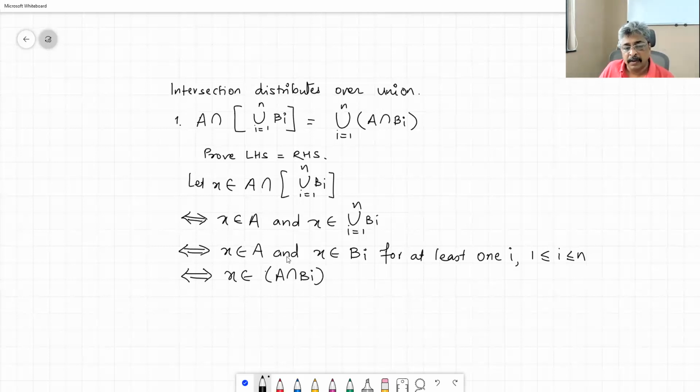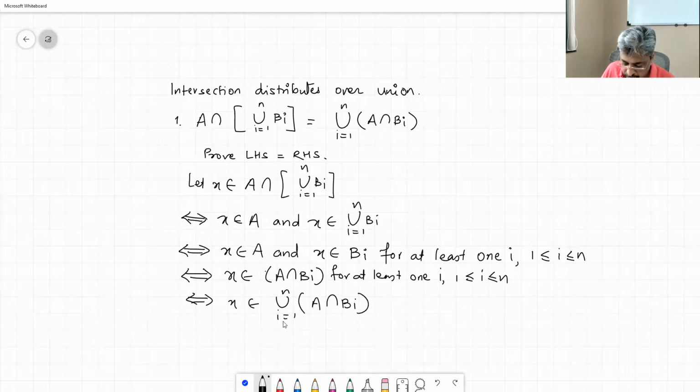We combine this and now in the sign intersection for at least one i such that one is less than or equal to i is less than or equal to n. And the meaning of this is x belongs to the union i goes from 1 to n A intersection B_i.